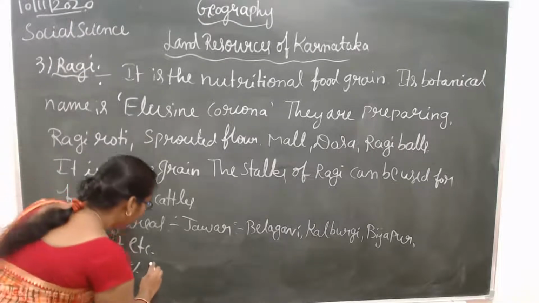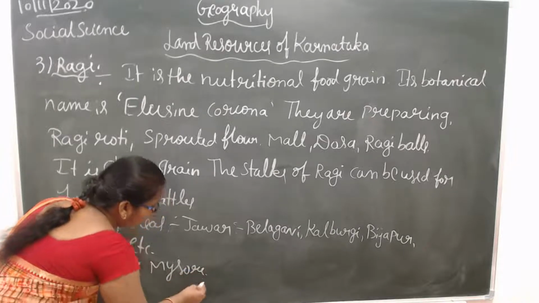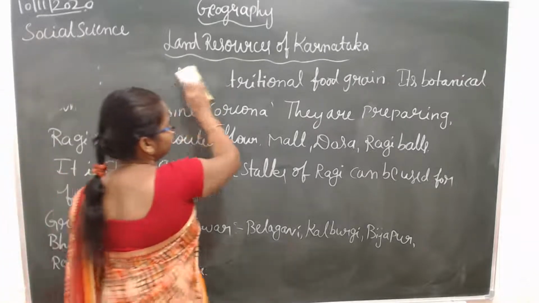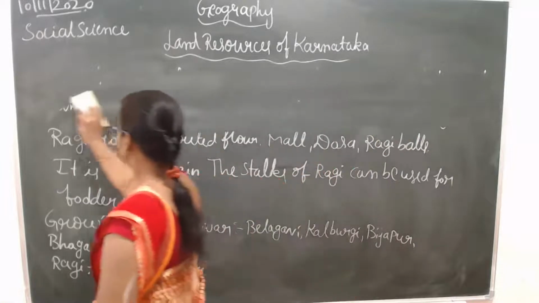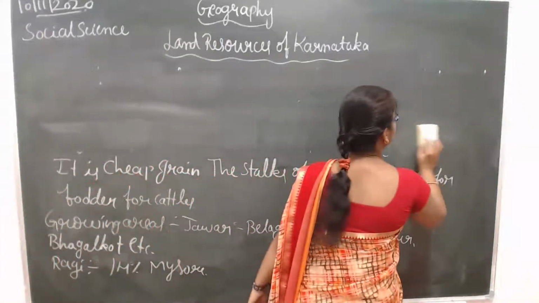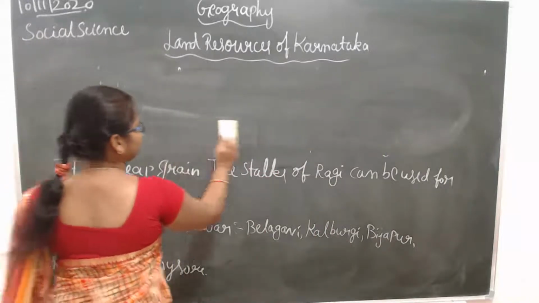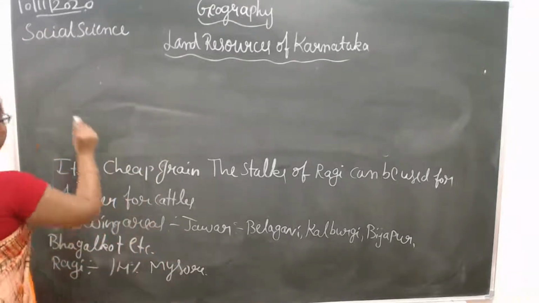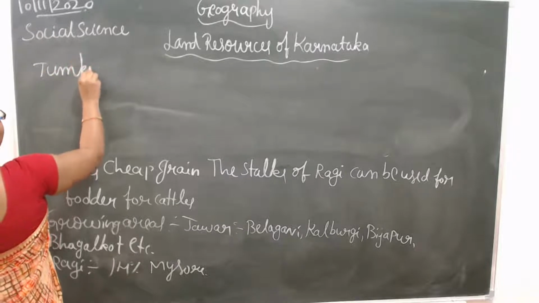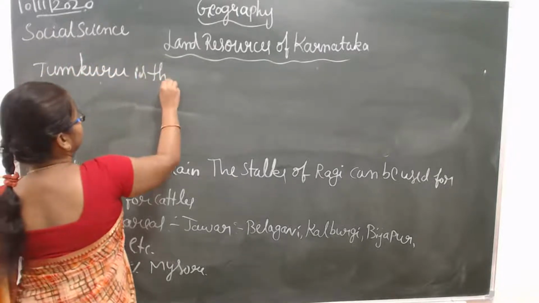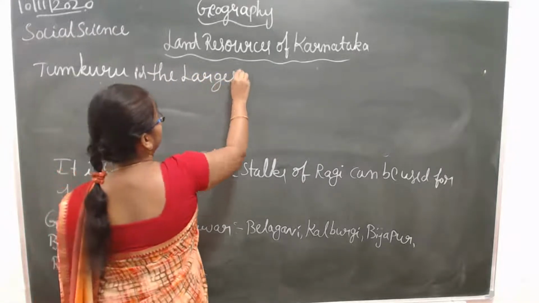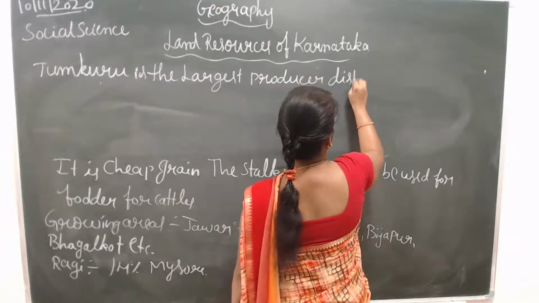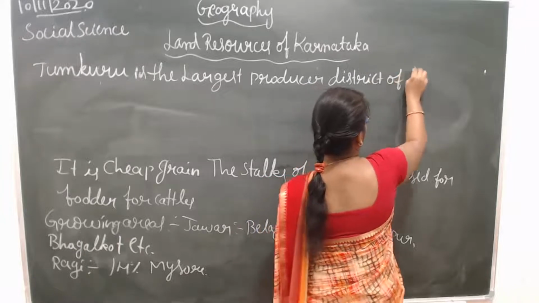So here old Mysuru, and I said that Tumkuru district is the largest producer district of ragi in Karnataka.